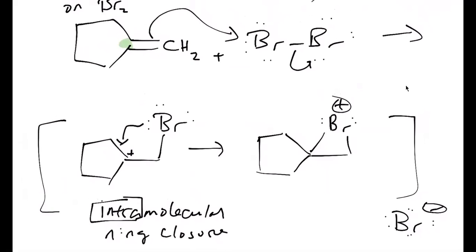And then bromine is going to come in, boom, and attack that plus charge. So you get this 3-membered ring, which we call, wrong pen, sorry, a bromonium ion, right? Everybody okay with that? Anybody freaking out? If you're freaking out, say something. We can make it better, I think.